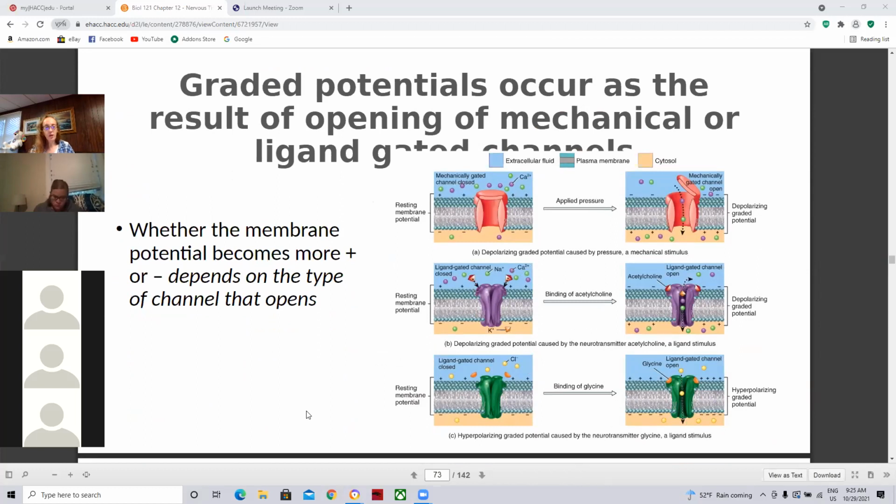Whether the membrane potential becomes more negative or more positive depends on what type of channel opens. And these potentials can occur as the opening of either mechanical or ligand-gated channels.